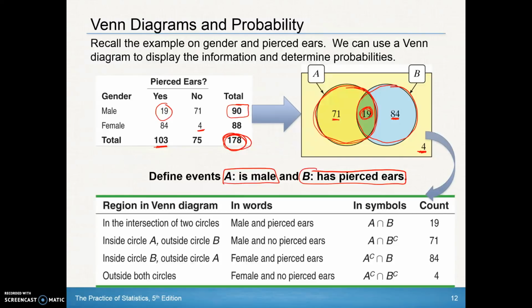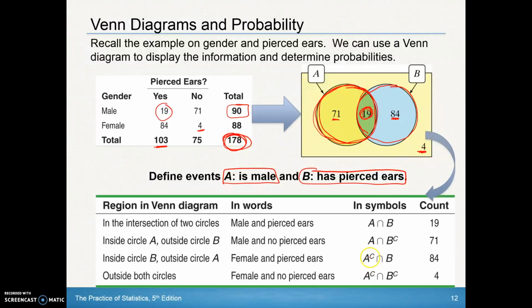So there's a little summary. We can put it in the mathematical lingo here. A intersect B, so A and B, that's the 19 that goes in here. Then we look at A and not B, so everything that's in A but not in B, just this little piece right in here.